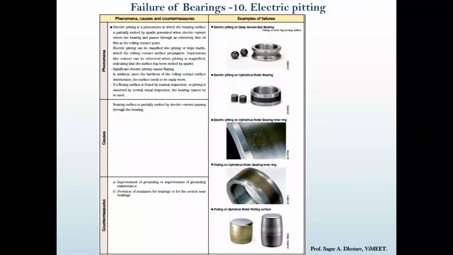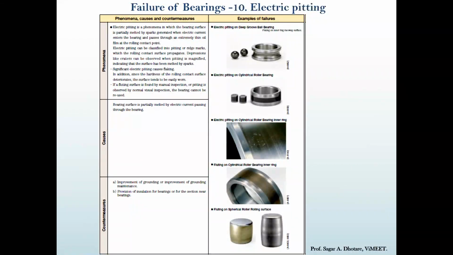Next one, the electric pitting. It is a phenomenon in which the bearing surface is partially melted by spark generation when the electric current enters the bearing and passes through an extremely thin oil film at the rolling contact point.